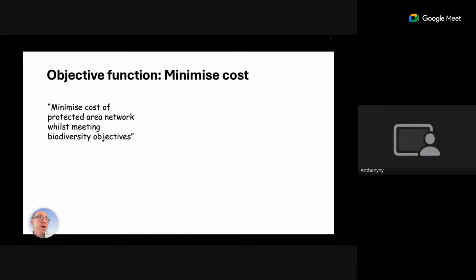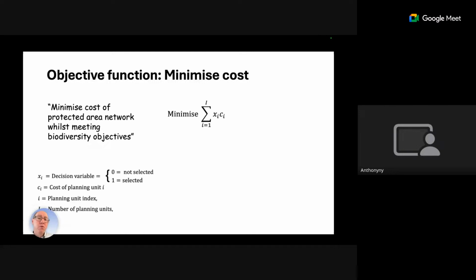And in the ocean, that might be how much fish is currently harvested, the value of that fish, because if you make that planning unit a protected area, then people are going to lose that amount of money. So we use that as the cost, but we need to minimize that cost, whilst meeting biodiversity objectives.